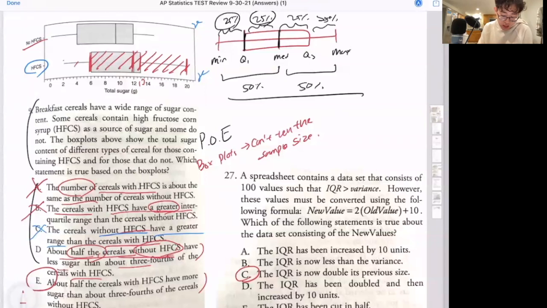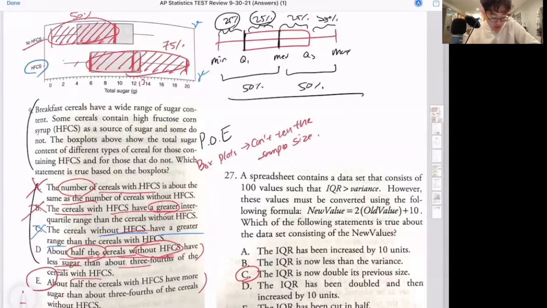Half of the cereals without HFCS have less sugar. Let's take a look at the lower half of the HFCS, so we're comparing those two. This represents 75% of the data of the HFCS sugar content versus this, which has 50% of the data of the sugar of the cereals without HFCS, basically.